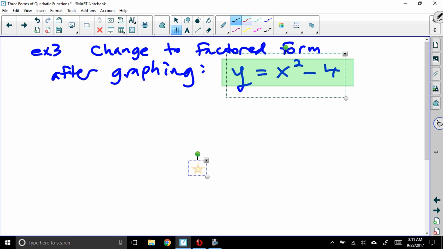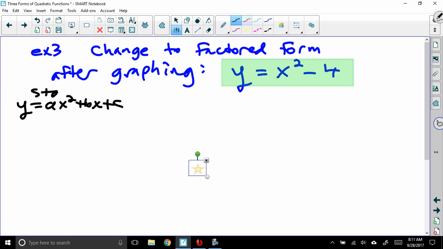Well, let's think about what standard form looks like. Standard form is y equals ax squared plus bx plus c. Well, what's our b value here? In standard form, what's our b value? Isn't it 0? Okay.